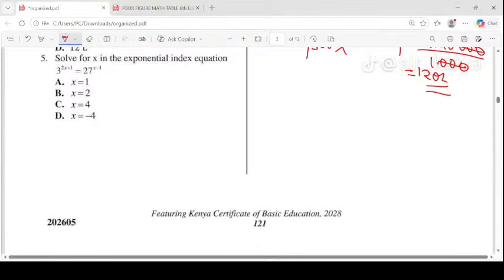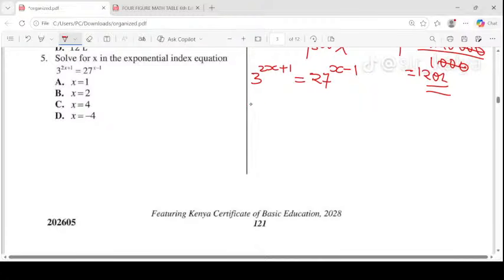Solve for x in the exponential index equation. We have 3 power 2x plus 1 being equivalent to 27 power x minus 1.